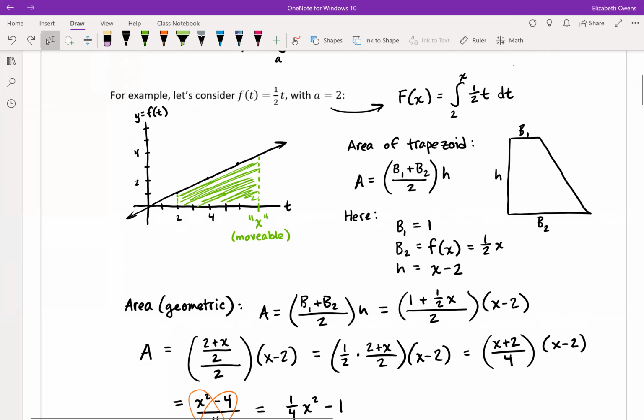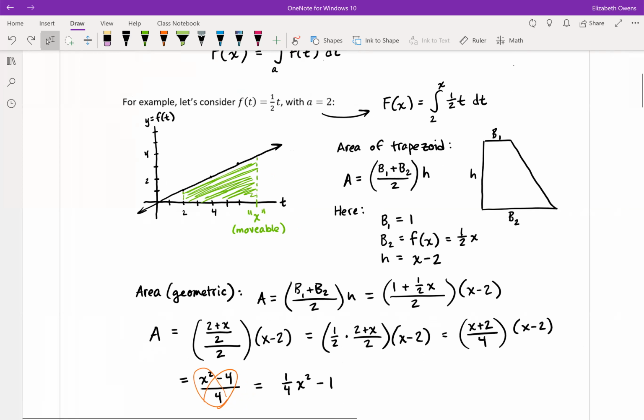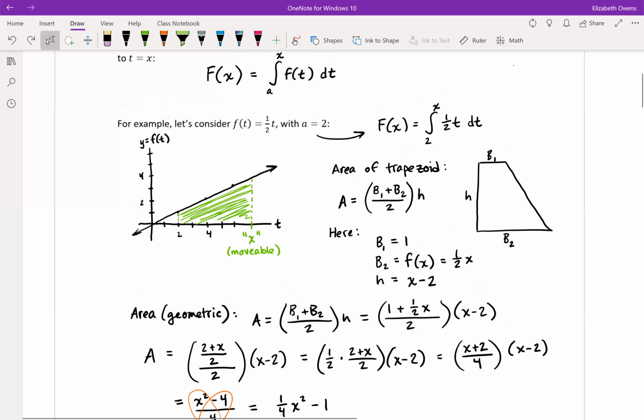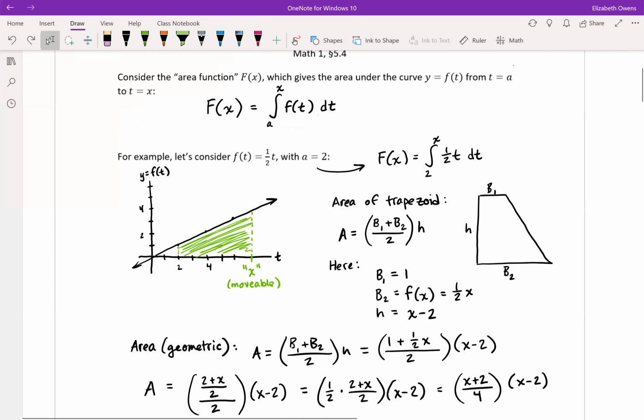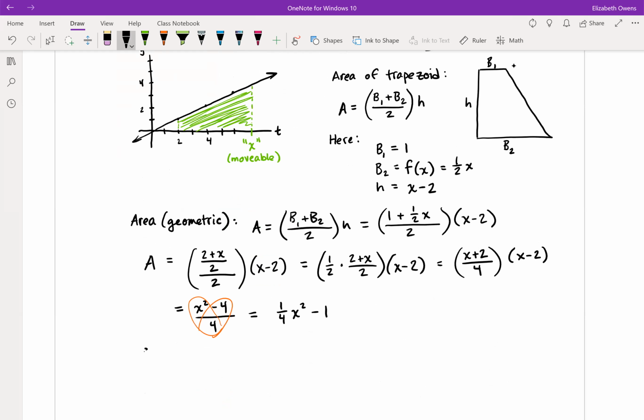But we know that this is also expressed by the area function involving the integral. So big F of x also equals this: F of x is that area function, the integral from 2 to x of 1/2 t dt. That area function is just finding the area, and that's what we found here with 1/4 x squared minus 1.